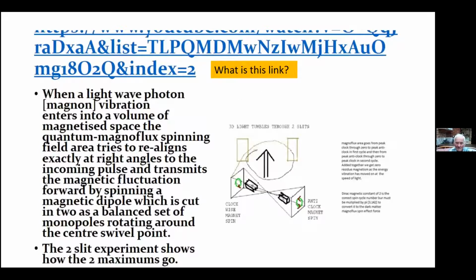The two-slot experiment that we've just looked at shows that there are two maximums, and if you can get the slots for the light to go through at the maximum position, then the transmission will go through.